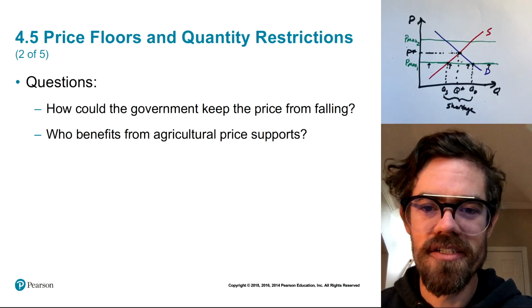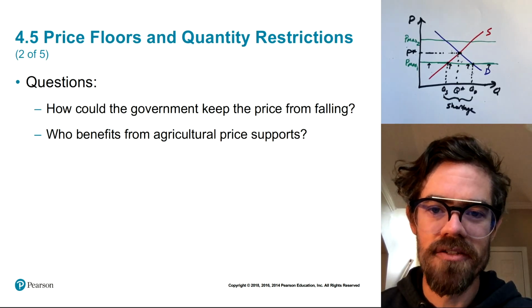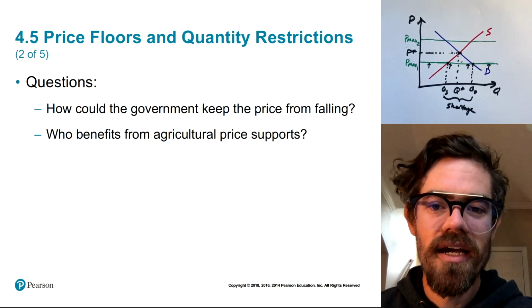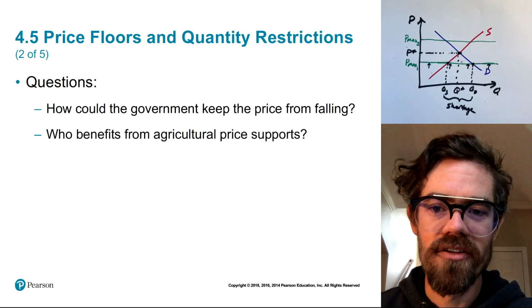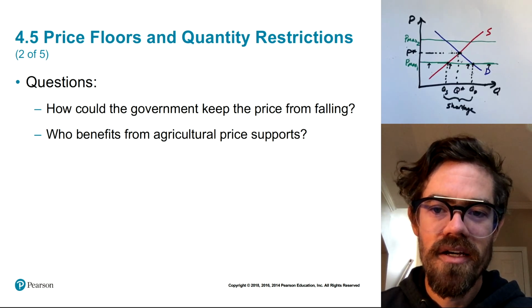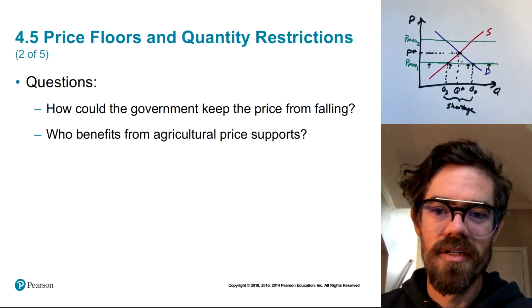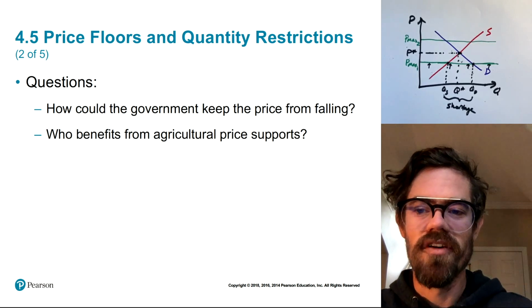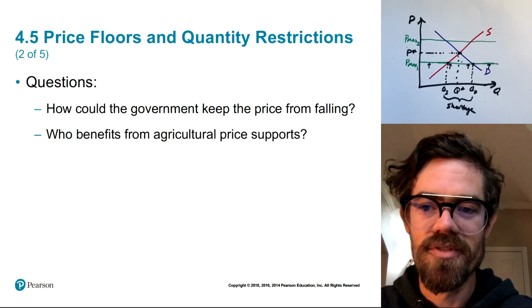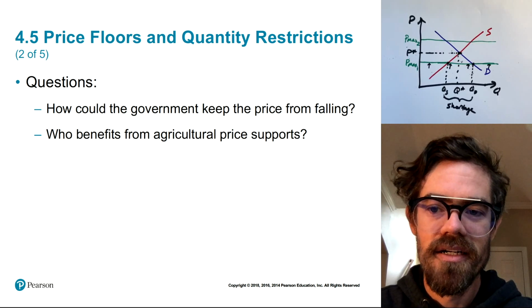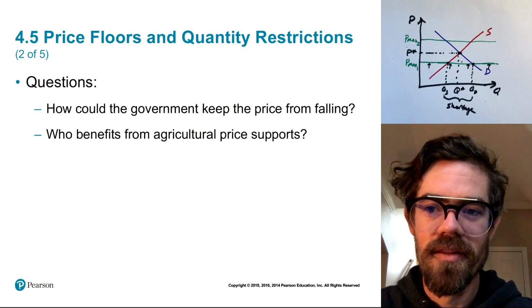So this leads us to some questions that we want to answer. How could the government keep the price from falling, number one, and who benefits from the agricultural price supports? Well, one way the government could keep the price from falling is by basically subsidizing the item, purchasing up the excess supply or the surplus, for example.